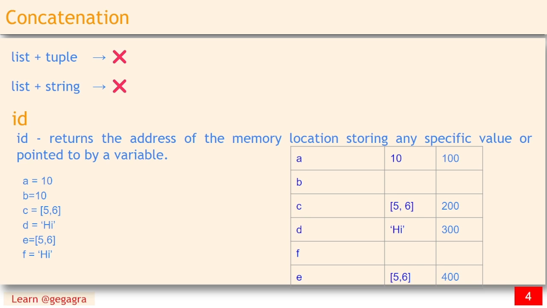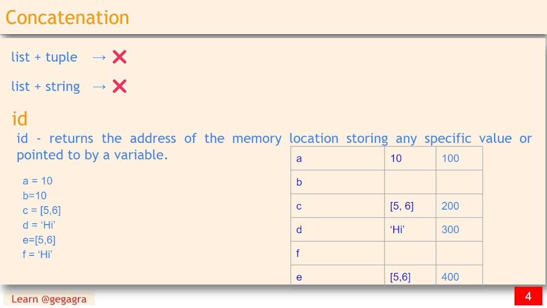The memory location of 10 is 100, meaning a and b are pointing to the value 10, which is an integer. Integer is not an iterable. So a and b can point to the same value at the same address.